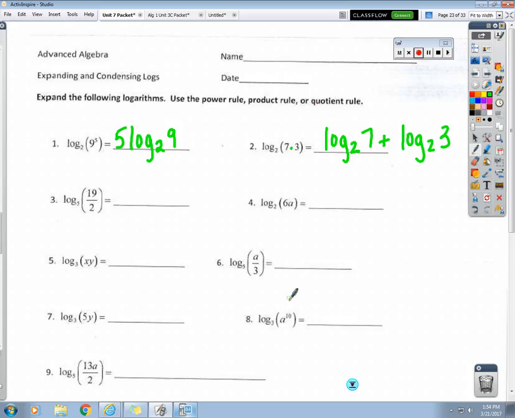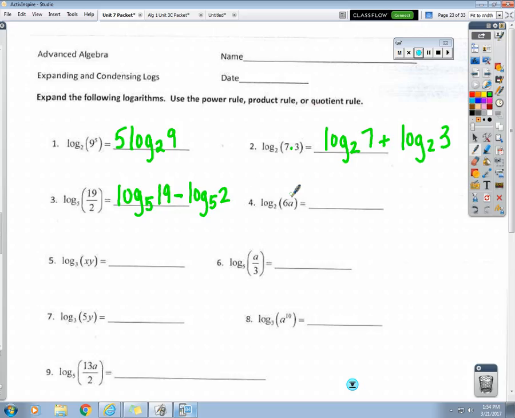Okay, what rule are we talking about for 3? Quotient. So log base 5 of 19 minus, because if it's a quotient in condensed form, expanded is subtraction, log base 5 of 2. And any of these so far, you can type in both sides and check them.